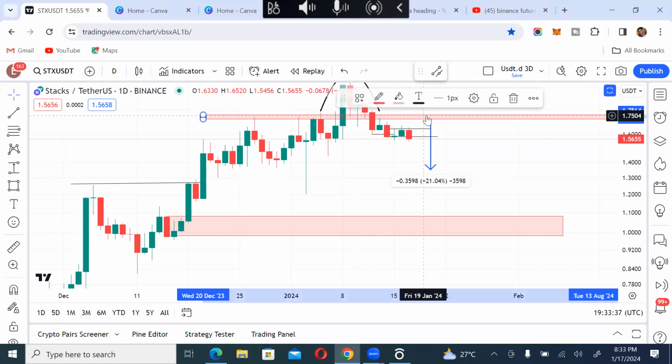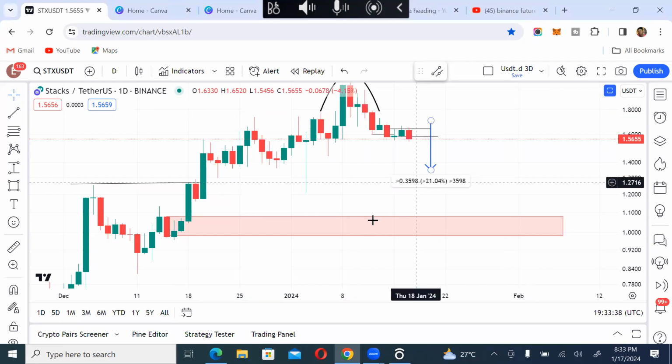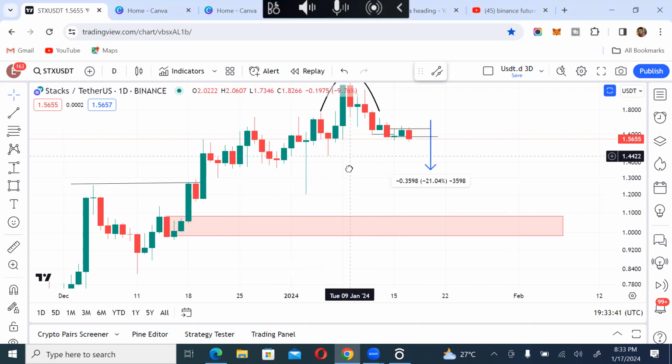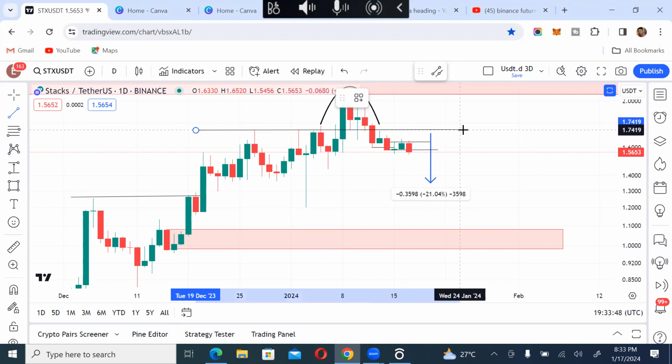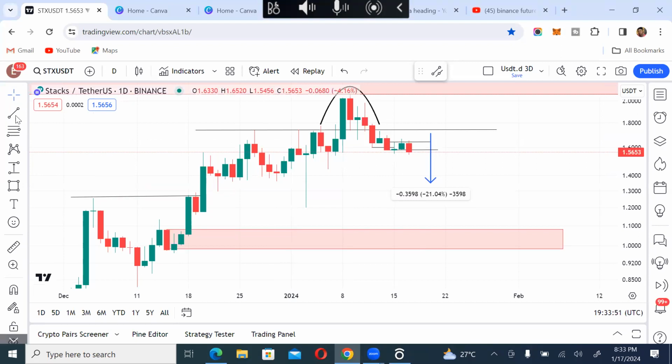Let me knock this one out and use a line to actually just illustrate what I'm saying. Now, look at the range high. Then look at the range low.